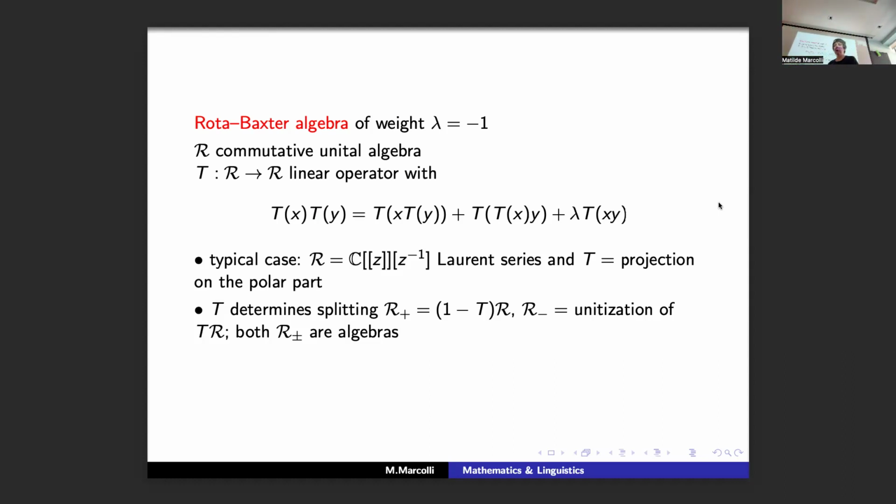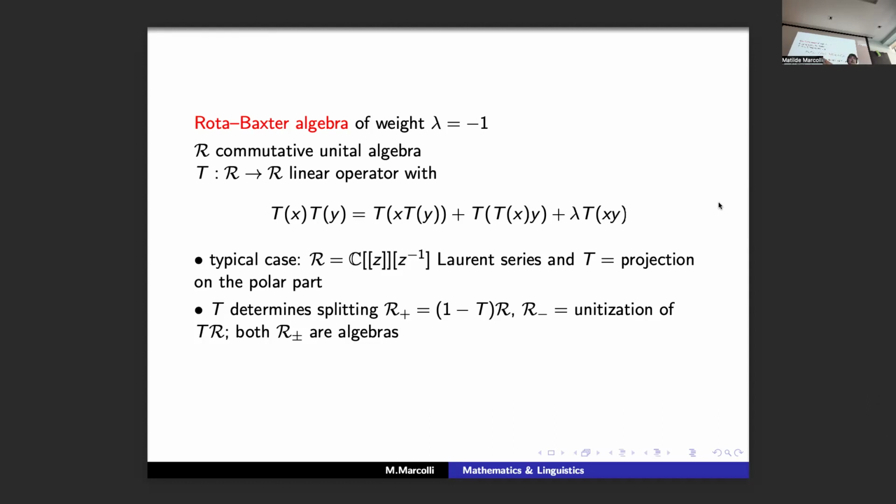If you look at how it fails to be a map of rings, the product of the projections onto the polar part is not the same as the projection of the product, but it's related to it by an identity, which funnily looks a bit like an integration by parts type of identity. There's a number here, and in this case this number is actually -1.